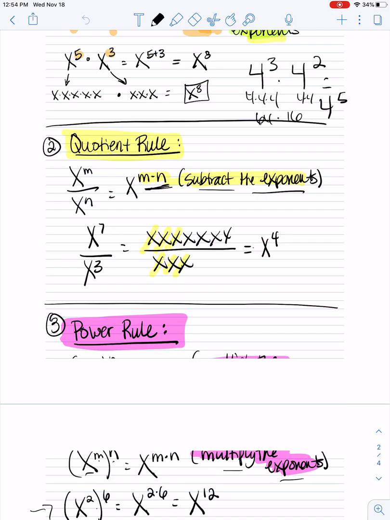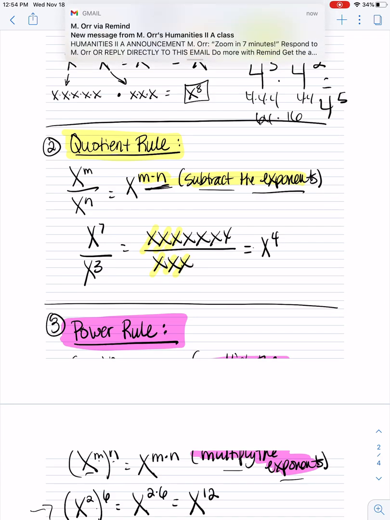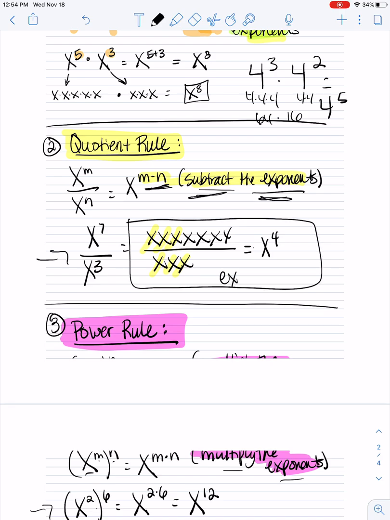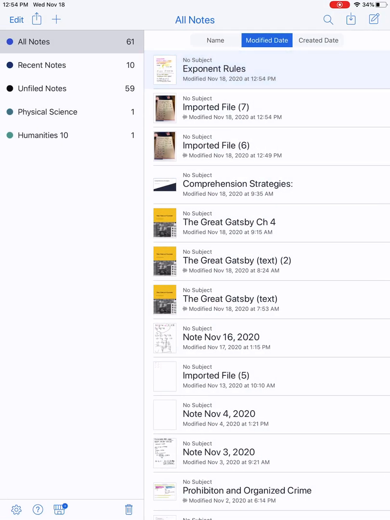Moving on, the next rule is the quotient rule. This is where we have our division, our fraction-looking problems. For this one, you're going to make sure that you subtract the exponents. I also like to draw out the problem, and this is called expanded form. I think expanded form is helpful because you can visually see what's happening in the problem.